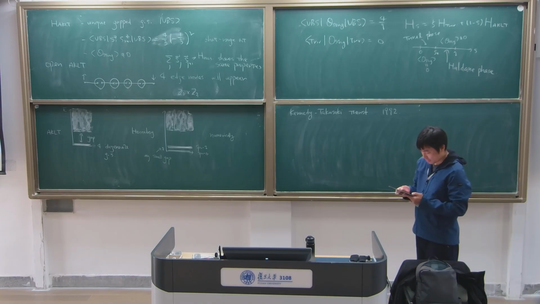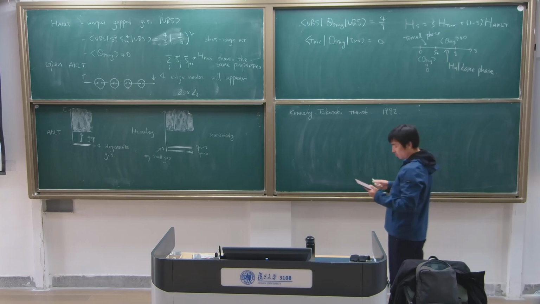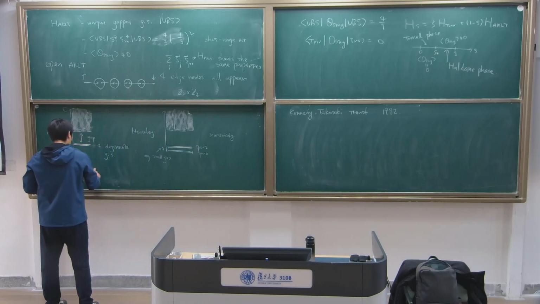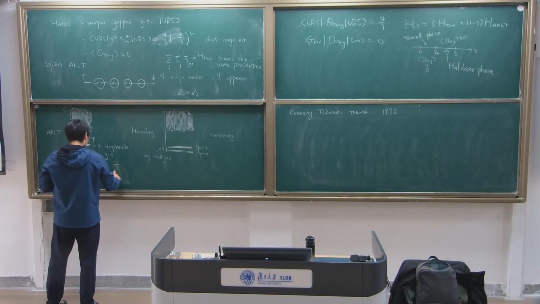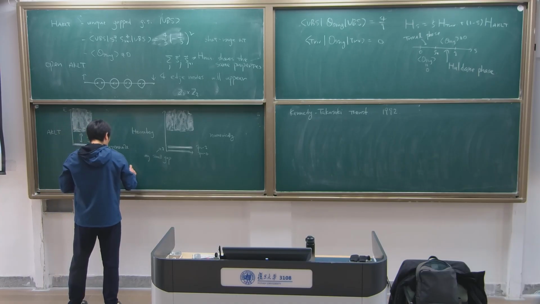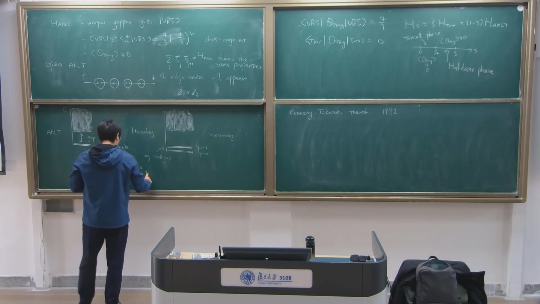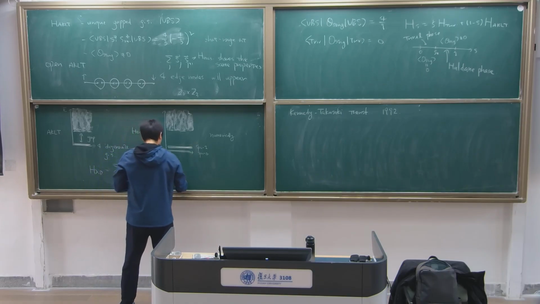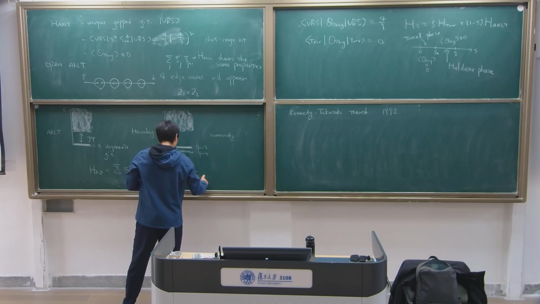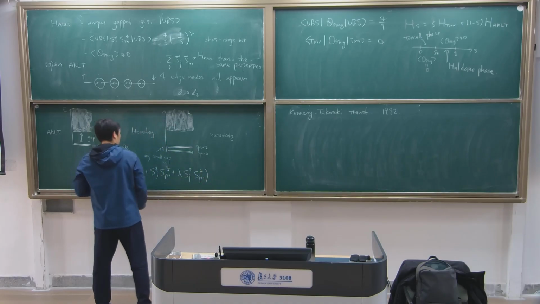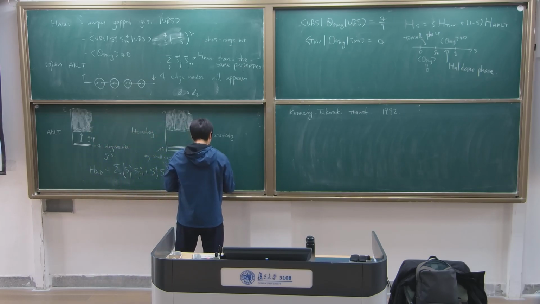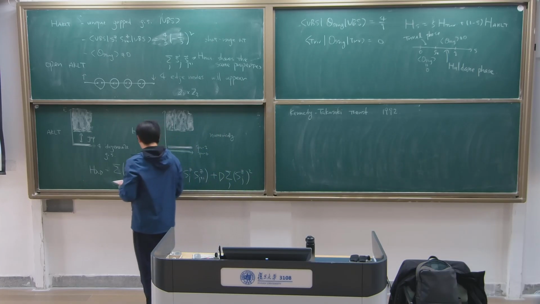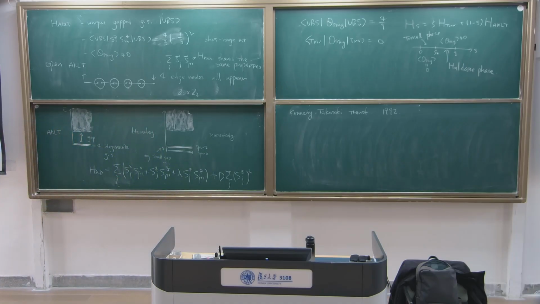Yeah, before going to that, I will consider the following model. So the candidate, we can consider H lambda D, which is something like this, a Hamiltonian like this one.